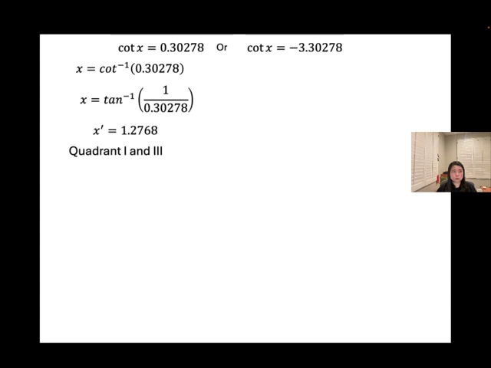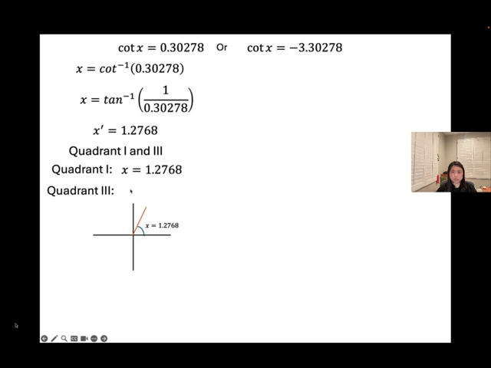Same idea, quadrant 1, the angle x will be equal to the reference angle. And this time we try to sketch the angle x here, 1.2768. And then quadrant 3, think about it, what's quadrant 3? Quadrant 3 will be x equal to pi plus 1.2768.